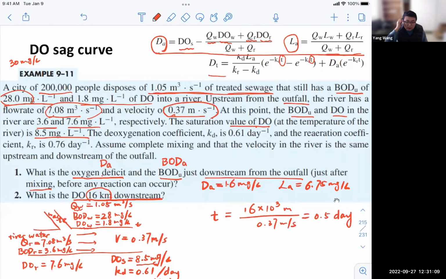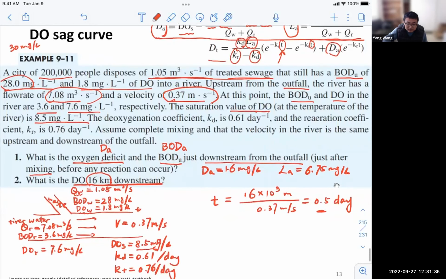Now you can plug in this 0.5 into the time here, and you have everything else. You have the KD, the oxygenation rate, the organic concentration right after the mixing, and the KR, the reaeration rate. Again, this is KD. So time is here. The DA is the oxygen deficit at the mixing point.